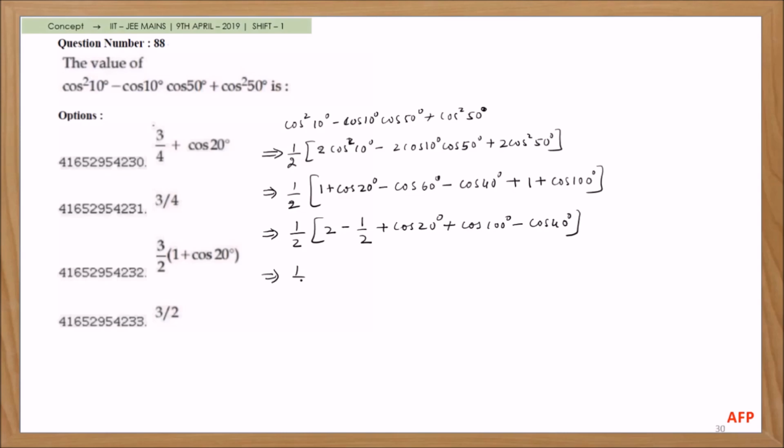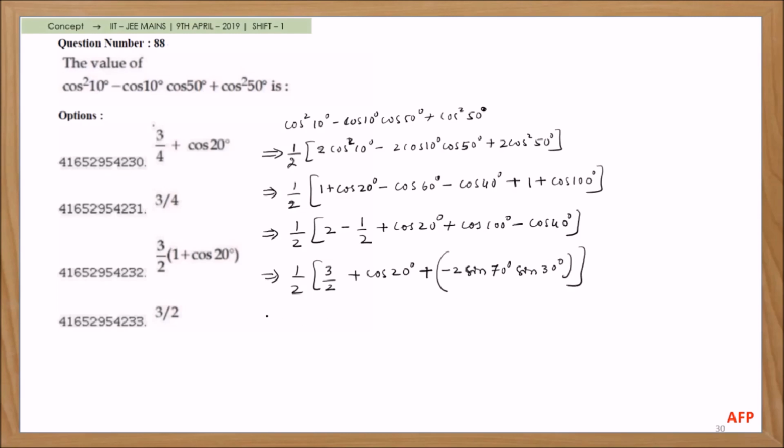This implies 1 by 2, and if you simplify you get 3 by 2 plus cos 20 degrees plus, cos A minus cos B, you get minus 2 times sin of (A plus B) divided by 2, so 70 degrees, and sin of (A minus B) divided by 2, so 30 degrees.